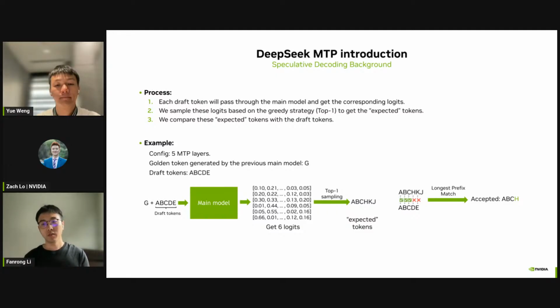In this way, we can predict multiple tokens in only one iteration, not one token. In this iteration we can accept A, B, C, H, a total of 4 tokens accepted. So speculative decoding can bring some performance speedup. This is speculative decoding.